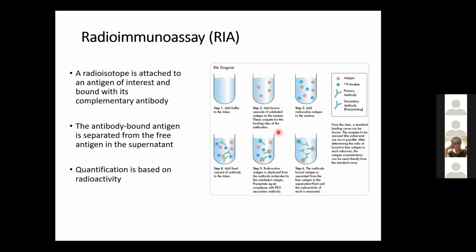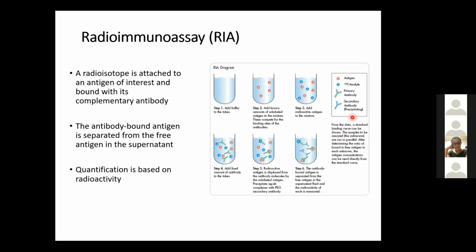I'm not sure what exactly you are asking. Are you asking about the antigen or the isotope? So you are actually adding in what you want to measure, but it's labeled. So is it a competitive assay? Yes, it's a competitive assay.